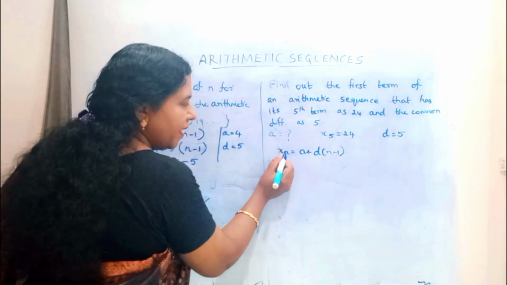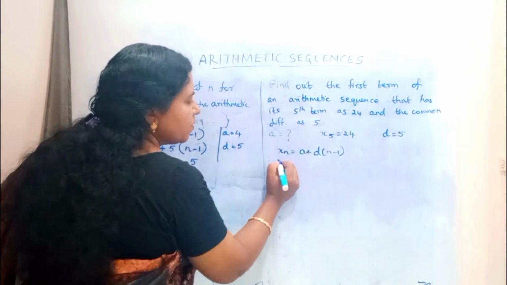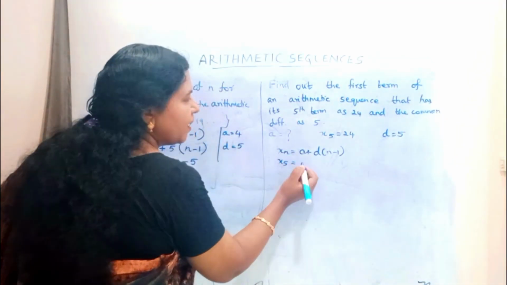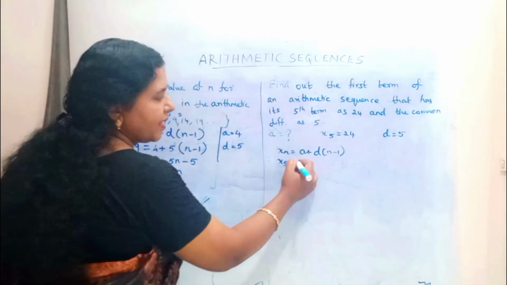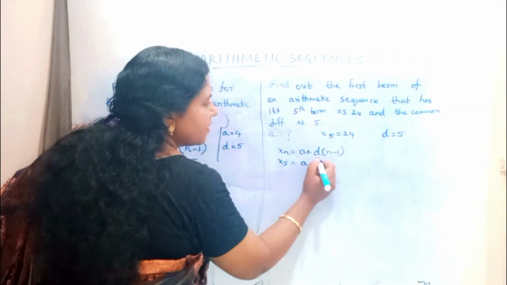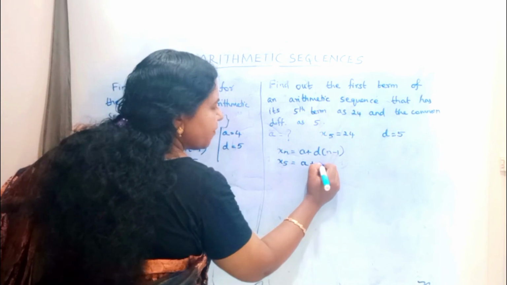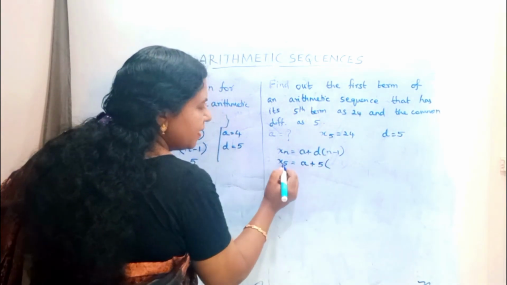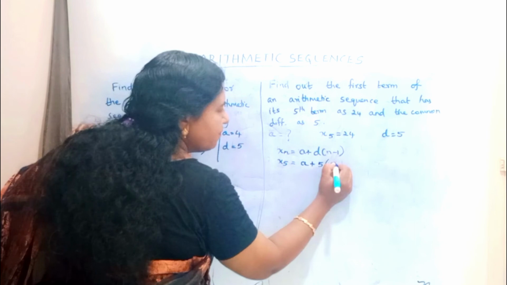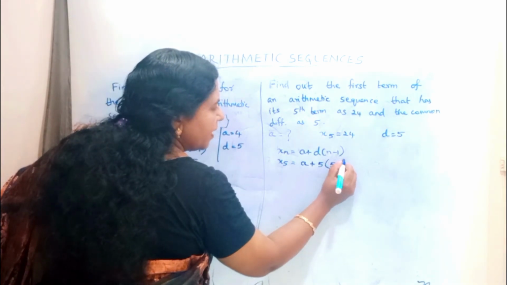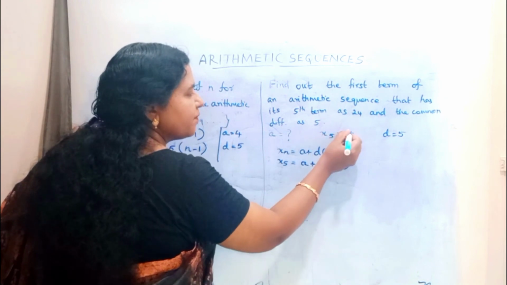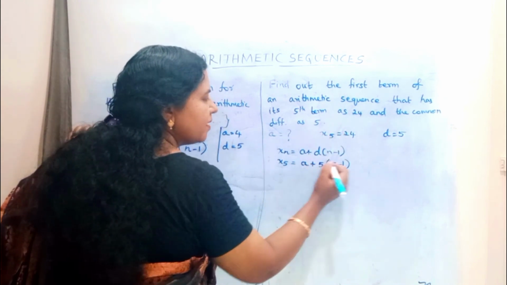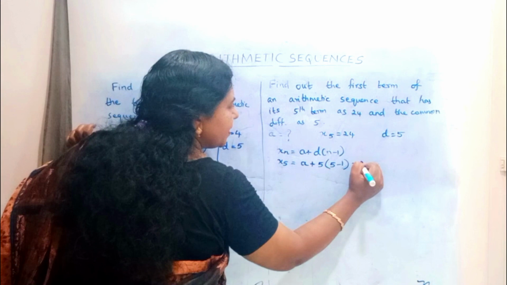So here in the place of n we have 5. So x5 is equal to the value of A we have to find out. We don't know that, so let us write it as A itself plus the value of D, it is 5, and the value of n is 5 minus 1. So now this is x5. Already it is given the value of x5 is equal to 24. So now this should be equal to 24.